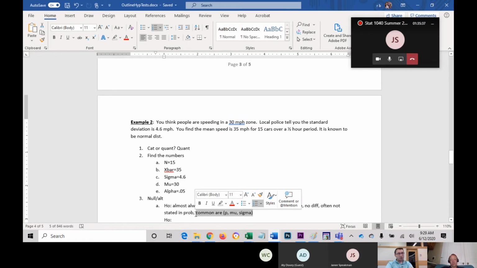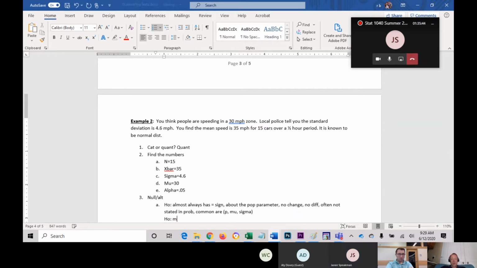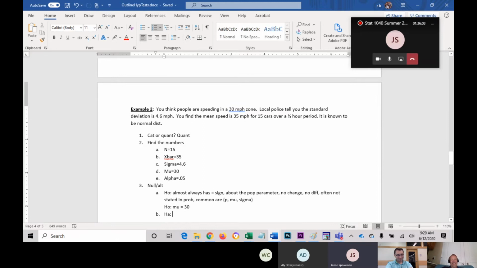So we'd probably use the mu then, right, for 30? We'll use the mu, so it's a good thing that Easton figured out that mu right off the bat, right? Okay, so mu equals 30. Very good. Okay, so you owe Easton something. Easton, you're a champ. There we go.